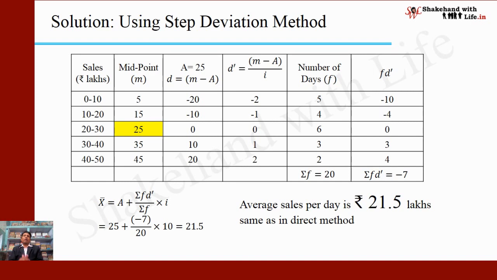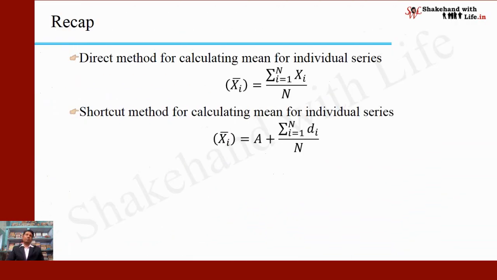So in this way you have learned how to calculate the mean value for the continuous series data using direct method, shortcut method, and step deviation method. So here is a recap.